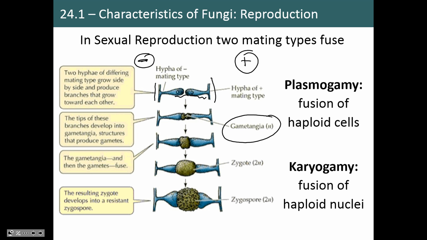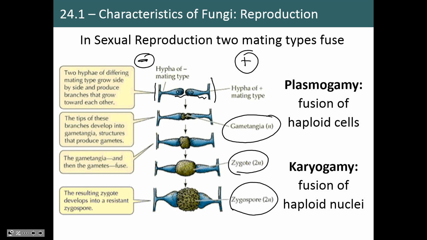And so those tips are going to develop into this new structure, and they're going to produce the gametes that are going to fuse and ultimately produce the zygote, which is then going to turn into a spore-producing structure, zygospore. The zygote and the zygospore are both diploid, and they're going to undergo meiosis to produce haploid spores.